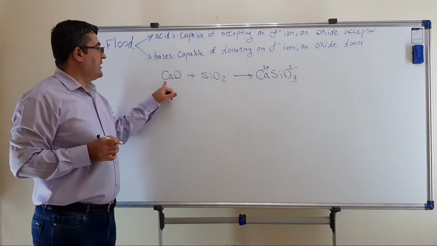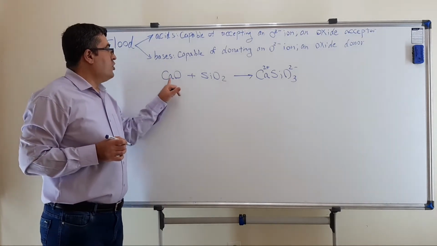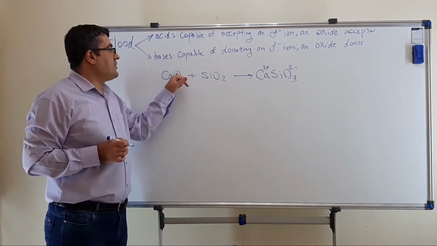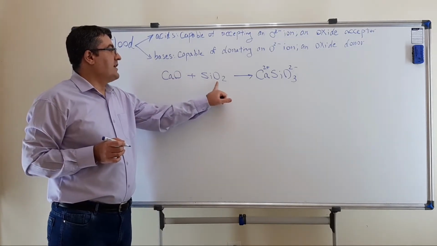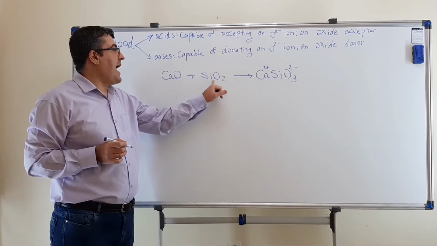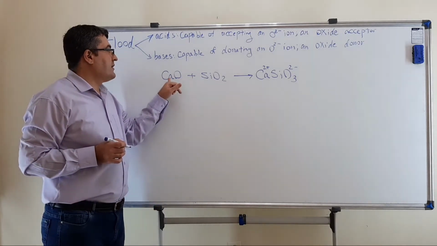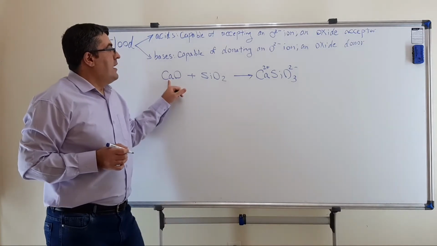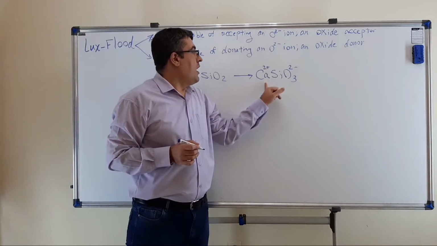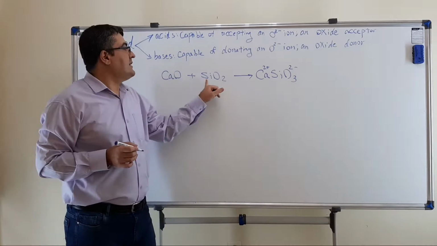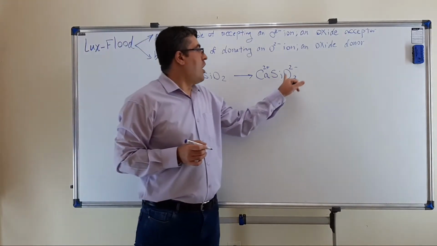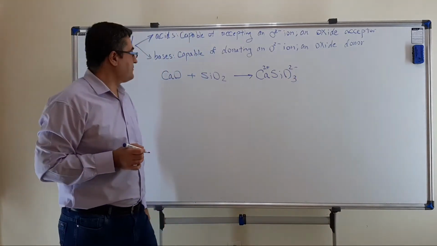In this reaction, calcium oxide donates an oxide ion to silicon dioxide, and silicon dioxide accepts that oxide ion. Calcium oxide becomes Ca2+, and silicon dioxide becomes SiO3 2-.